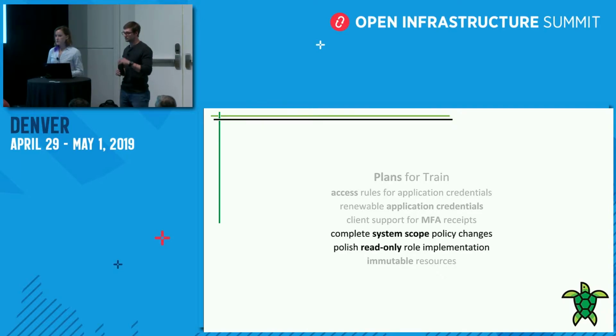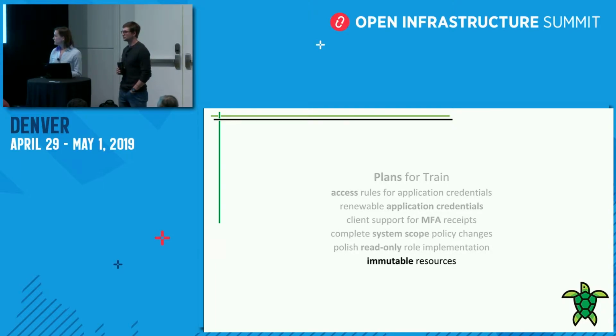We also, as Lance mentioned, need to be finishing up our implementation of the system scope and the read-only roles on the Keystone side, making sure that all of our APIs understand these different scopes and have this read-only role implementation secured.